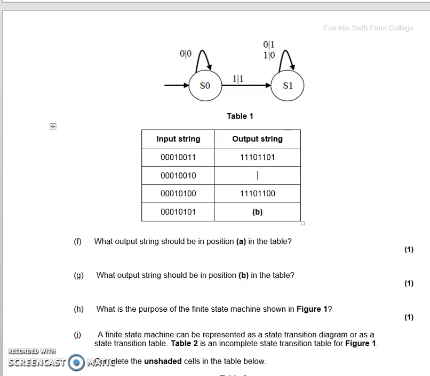Let's follow this through. The first input is a 0, which gives an output of a 0, and we're still in state 0. After that, we've got a 1, which gives us a 1. After that, we've got the 0, so zeros become 1s and 1s become 0s. So we end up with that number.